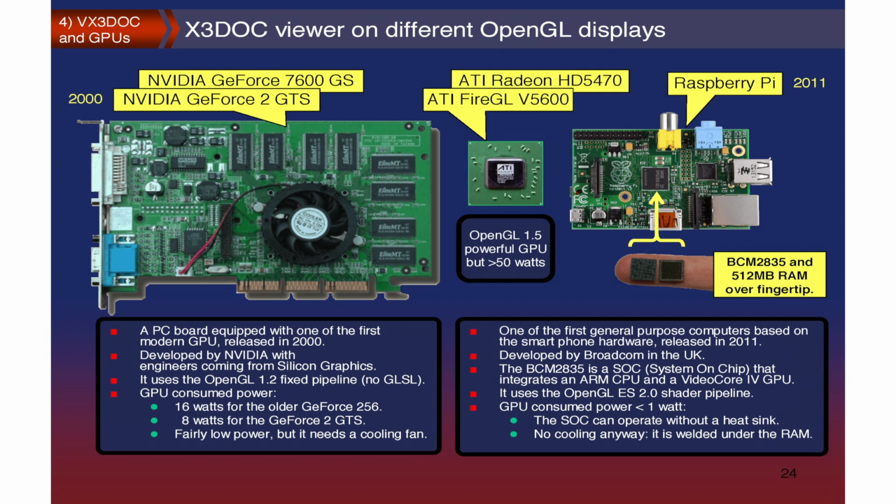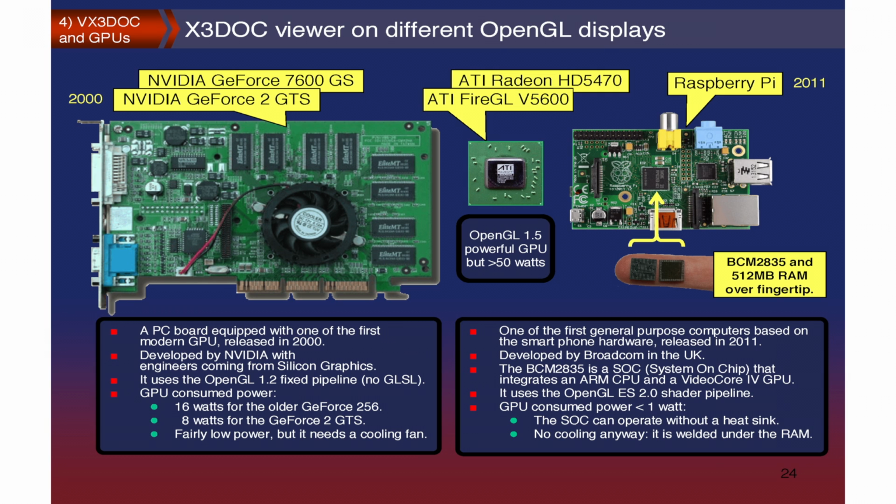So this viewer for X3DOC is designed to comply with old or recent hardware, with large or small hardware. The only requirement is OpenGL. We can use the OpenGL conventional pipeline on OpenGL embedded systems. You have the same result.